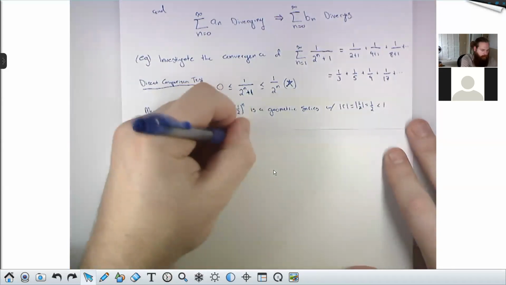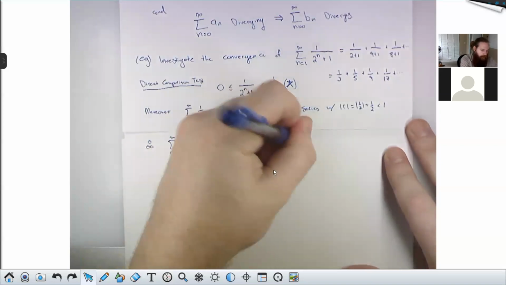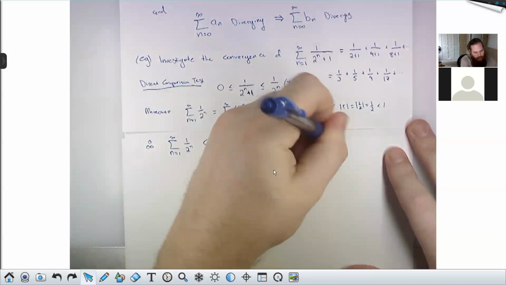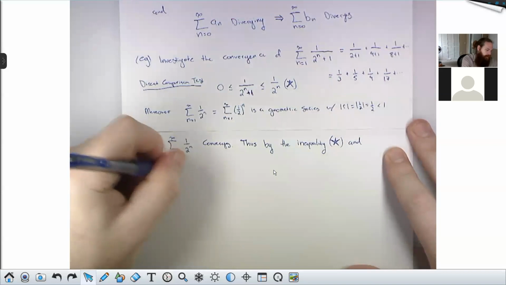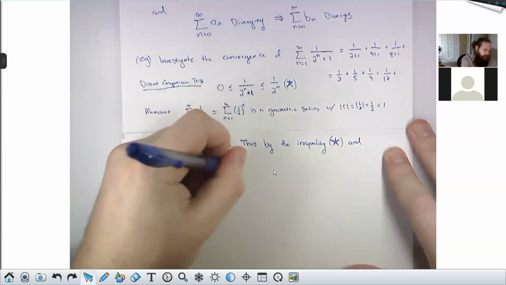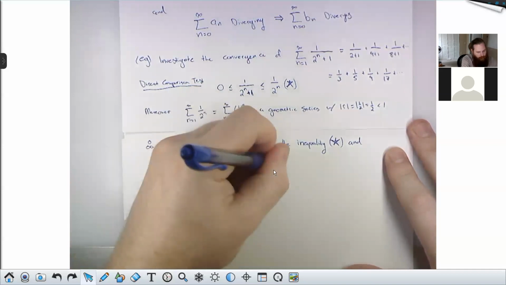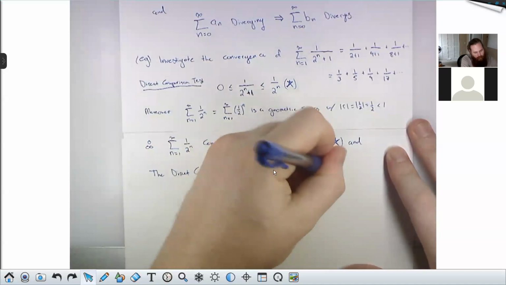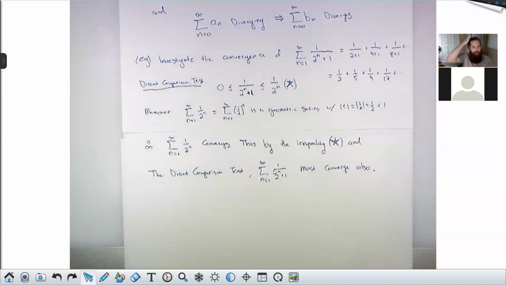And I can say, thus, by the inequality star and the direct comparison test, my series, the smaller series, sigma n from 1 to infinity of 1 over 2 to the n plus 1, must converge also. And that's it, that's job done.